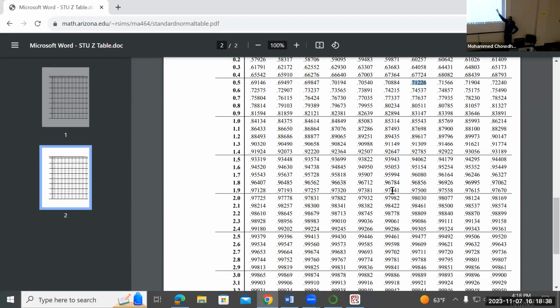This table provides 0.93, and corresponding to that, what is the value? It is 1.48. The row gives 0.9 to 0.93 and the column gives the second decimal, so we have 1.48.